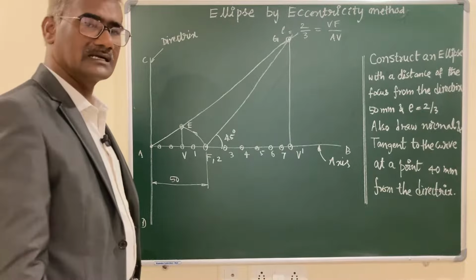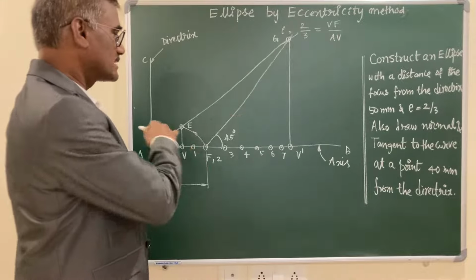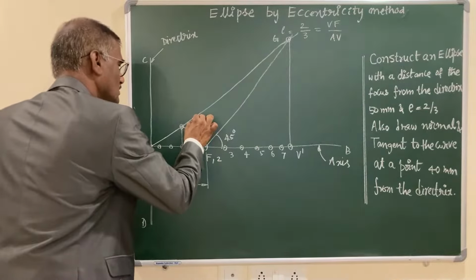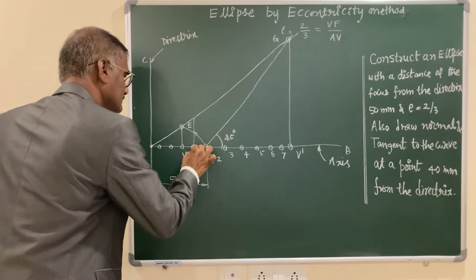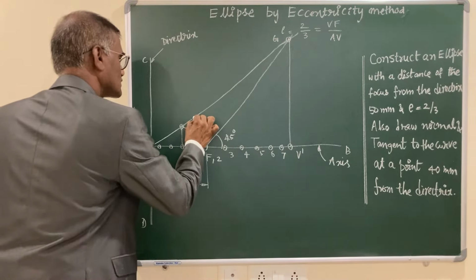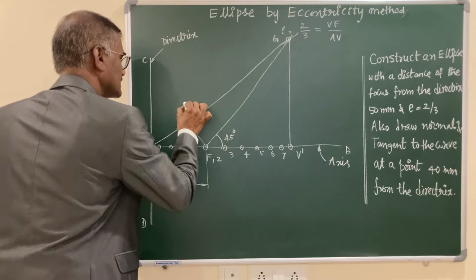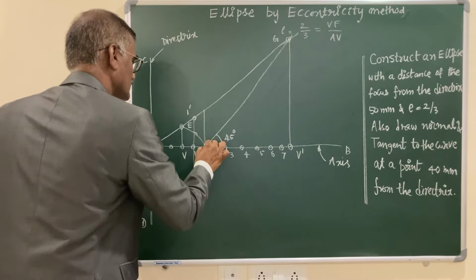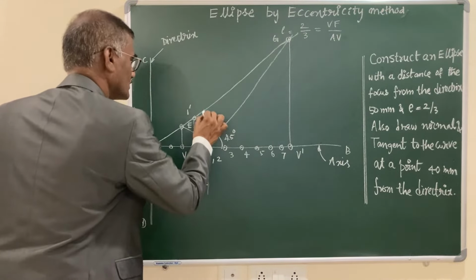Now let us erect vertical lines, symmetric about the axis above and below, passing through each division. So I am drawing a line passing through 1 and below that also. Above, I am marking where it intersects this inclined line as 1 prime. And of course passing through F also, because that I would like to consider as well.